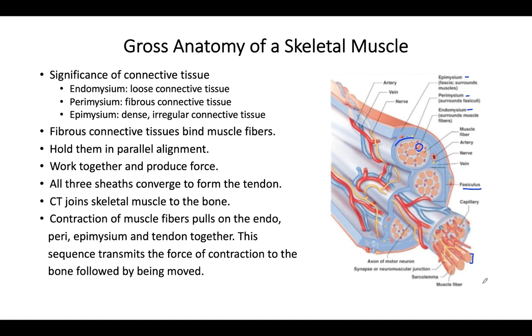This sequence transmits the force of contraction to the bone, which is then moved. So a single muscle fiber contracts, but this contraction blends with three kinds of connective tissue, including the tendon. Therefore, this transmission of the force of contraction eventually makes the bone move.